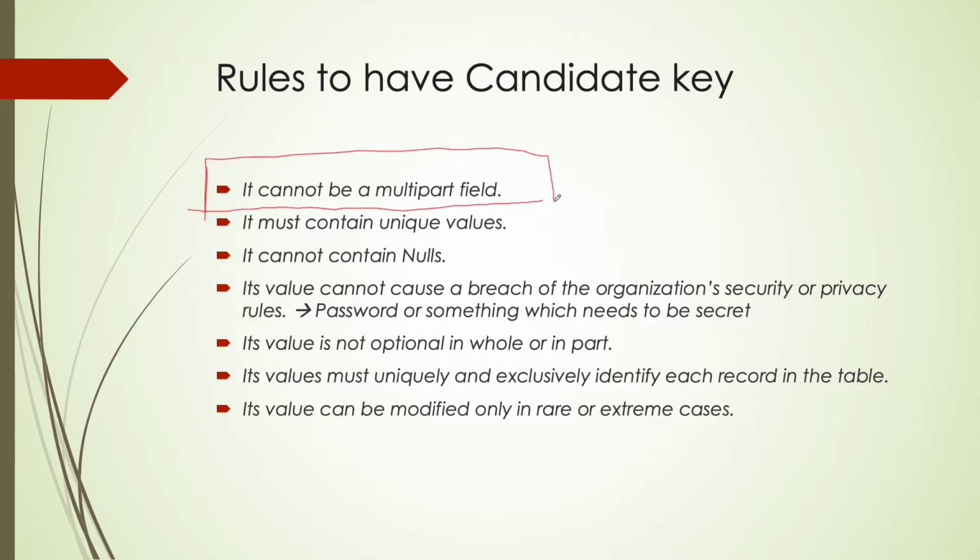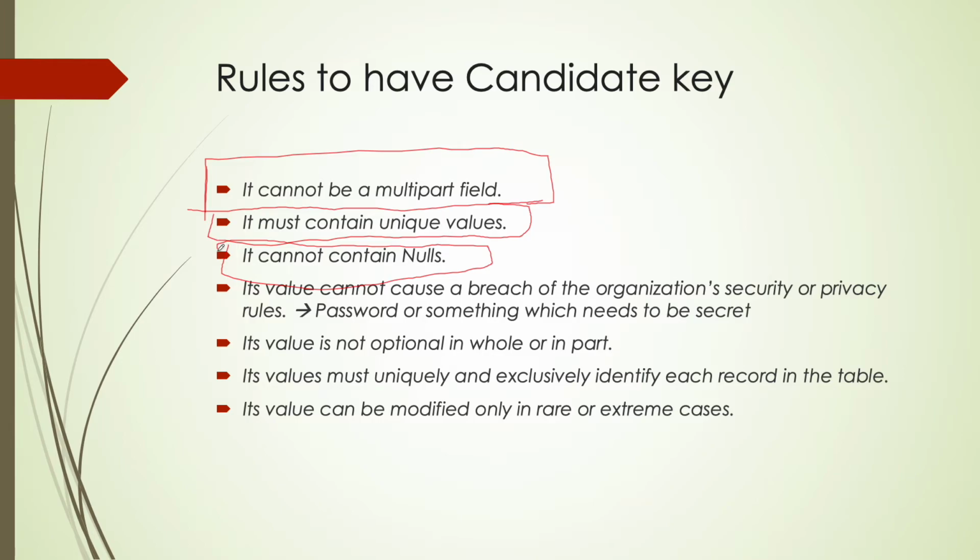The problem is that with a candidate key we want to uniquely identify, so establishing a unique relationship becomes very difficult if you have multi-part fields in it. The next rule is that it must contain unique values. You should not assume first name will be your candidate key, because there can be multiple identical first names.